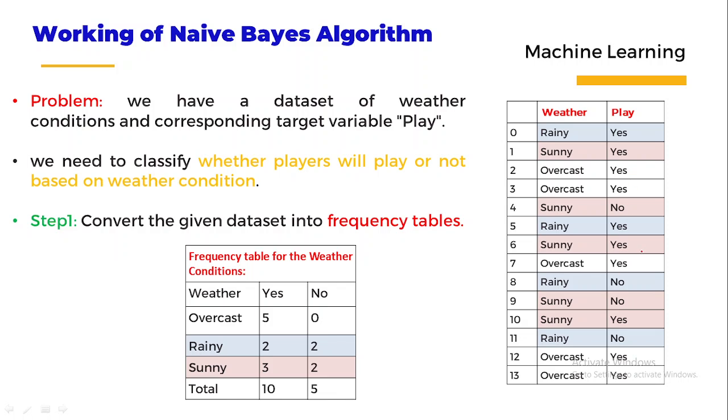For overcast all 5 are yes and 0 are no. Similarly for rainy, you can see the blue colored rows, 1, 2, 3, 4. Total 4 are there, and out of that 2 yes and 2 no. For sunny, 3 yes and 2 no. So we have calculated totals: 10 yes and 5 no for the weather.